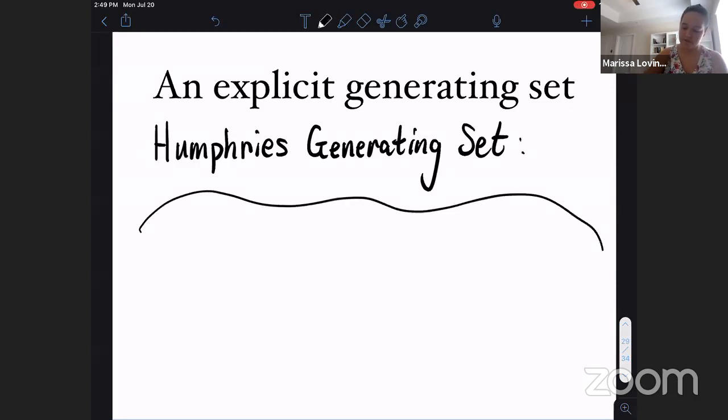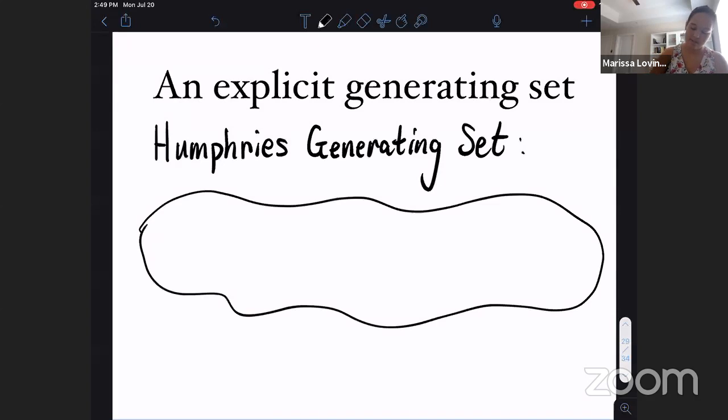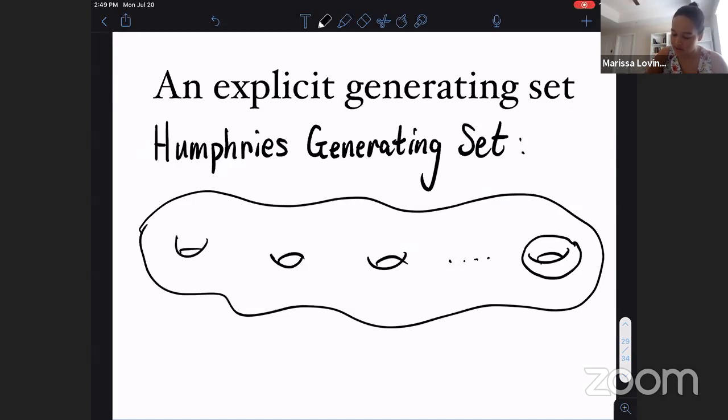So let me draw my surface. This is some surface of genus g, and it's just a very nice collection of curves. So I can literally just write them all down. Okay, I'm not literally writing them all down because I did a dot, dot, dot, so I don't need to write them all down.